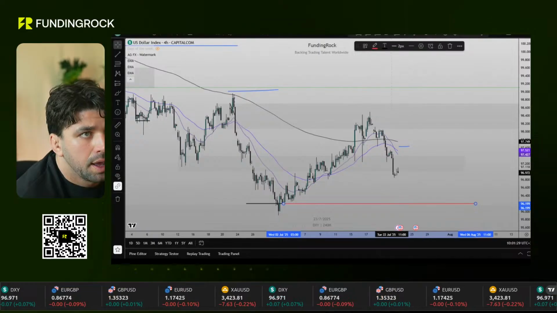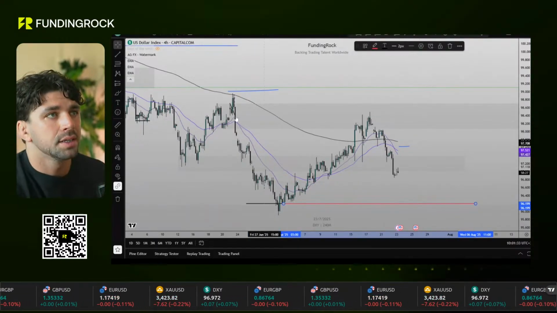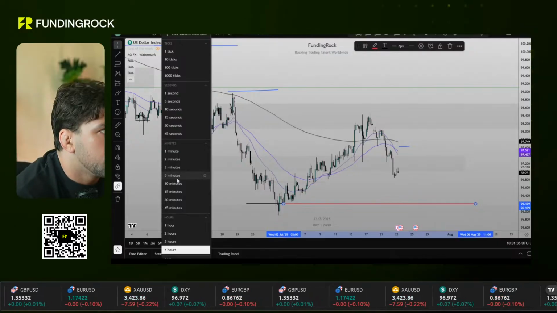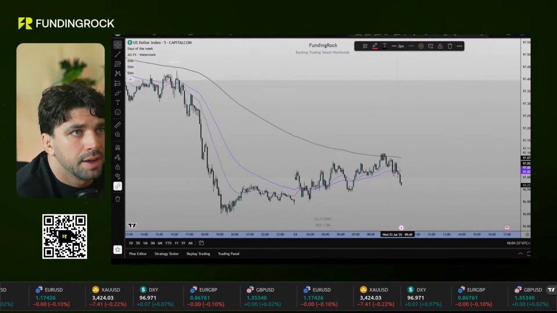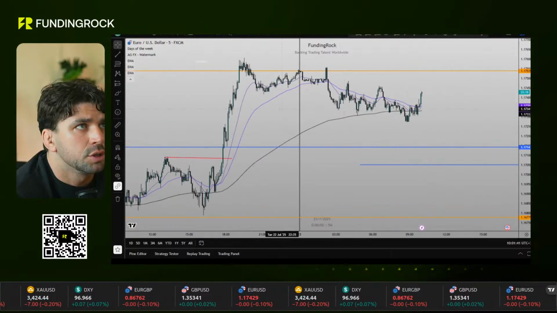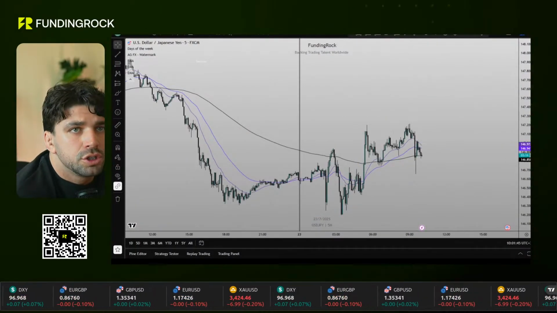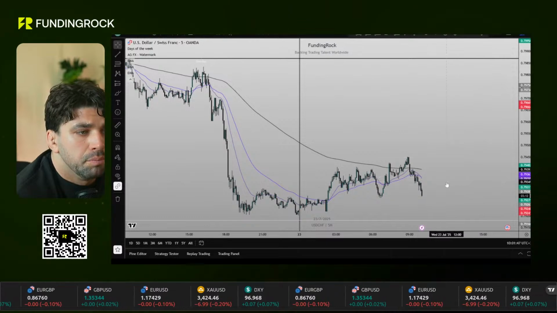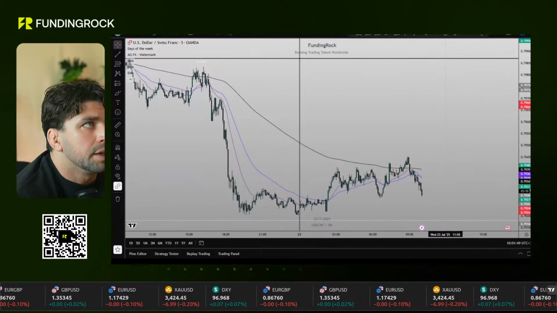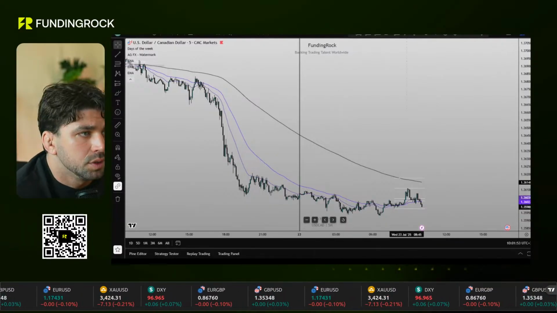The prior area of demand is now turning into an area of supply. If we go on to lower time frame, it's just pushing down. So we're expecting continuation on EU, GU, and across the board a push down on anything cross-correlated with the dollar.